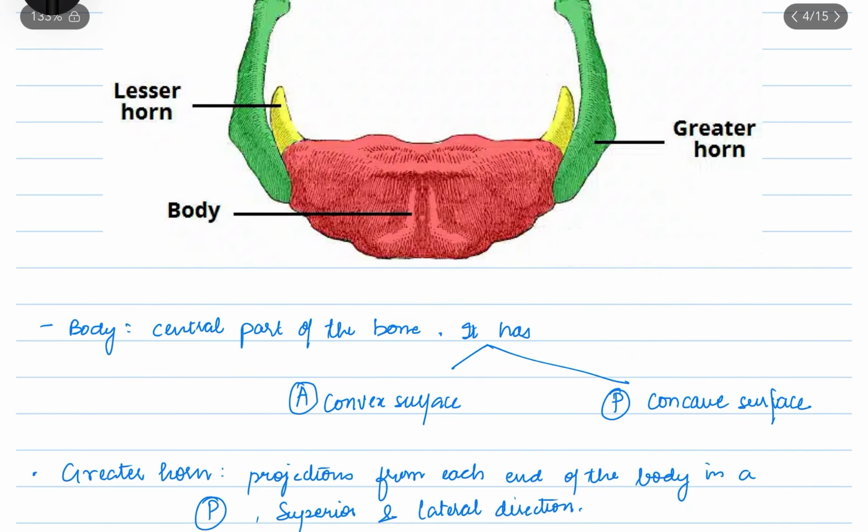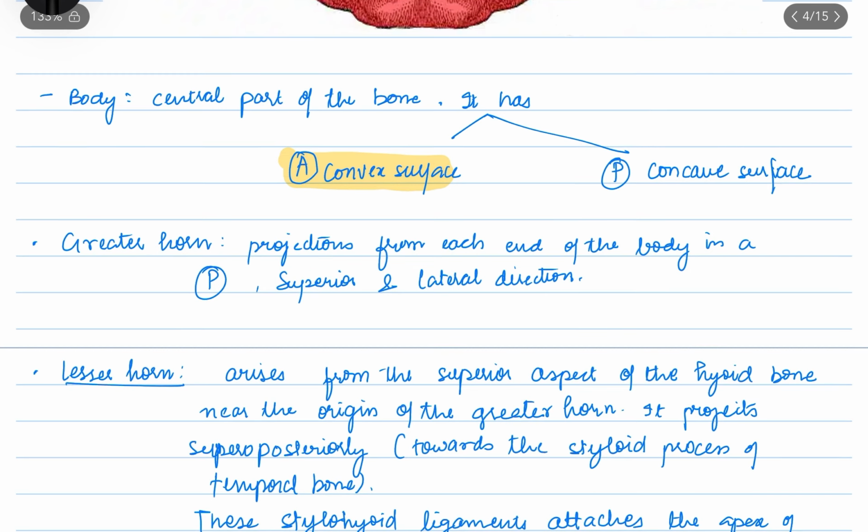The body is the central part of the bone. It has an anterior convex surface and a posterior concave surface.